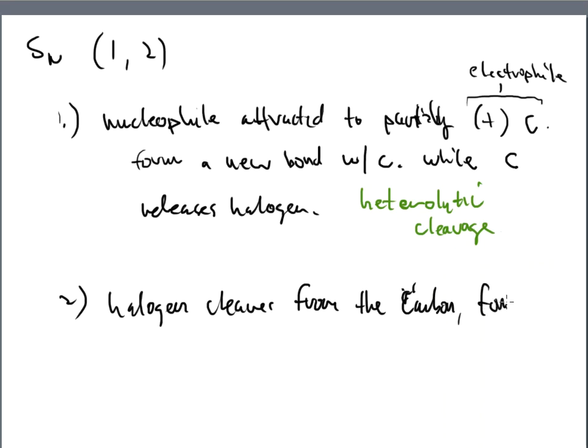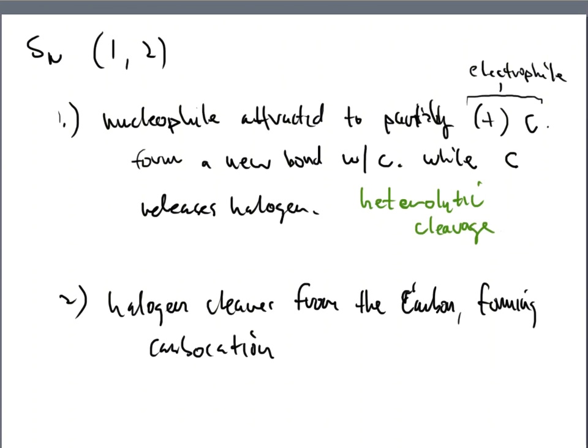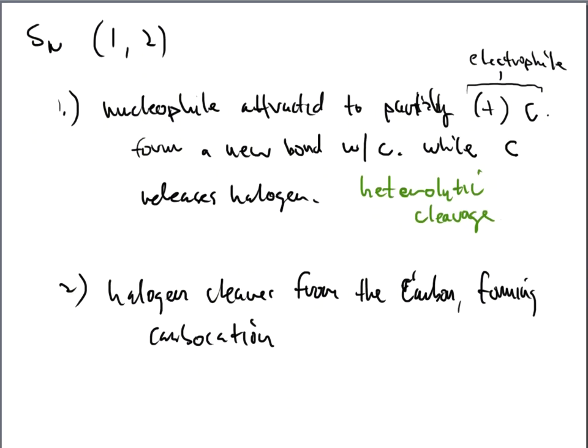And this is forming a carbocation. A full-blown carbocation, folks. When it forms that carbocation, that's when the nucleophile is attracted to the carbon. These are called SN2 and SN1.